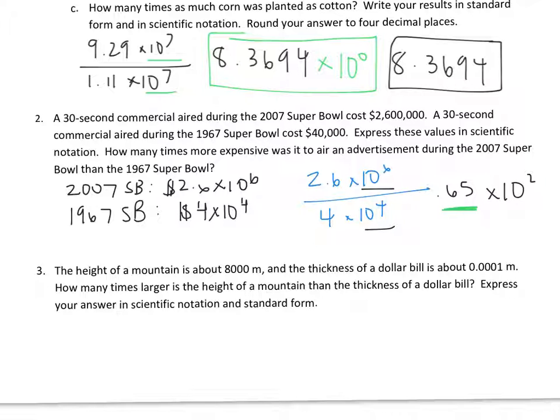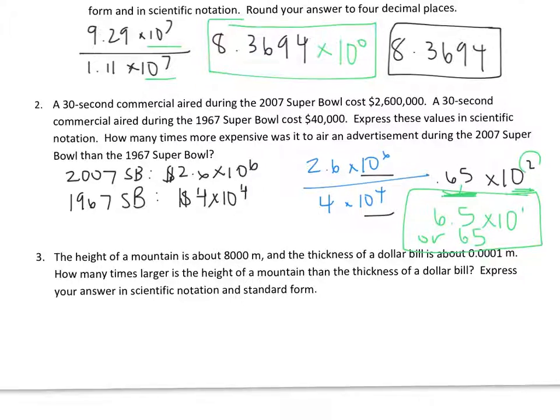This number here has to be between 1 and 10, so I need to move this decimal place over 1. So that becomes 6.5. And since I went 1 to the right, that makes my exponent 10 to the 1st, going down 1. So 6.5 times 10 to the 1st, or this would be 65 times more expensive, which is quite a bit more expensive to air a Super Bowl commercial in 2007 than 1967.